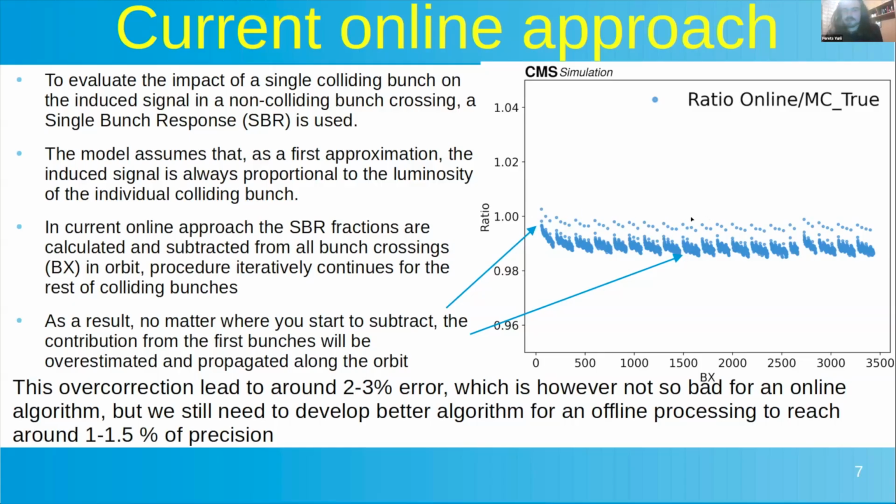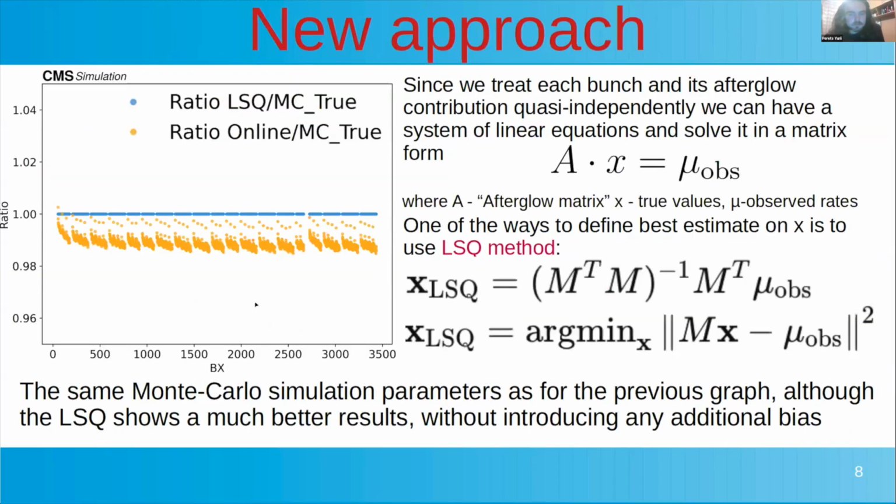This overcorrection could lead to an error of around 2 to 3%, which is not so bad for an online algorithm. But we need to develop a better algorithm for offline processing, so we could reach a better precision of 1 to 1.5%. This would be the topic of our project.